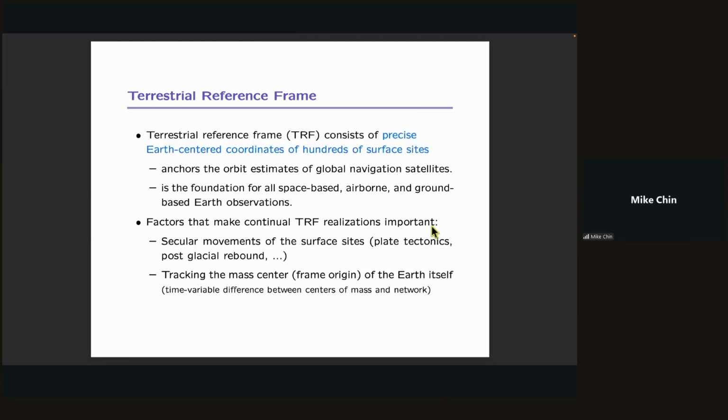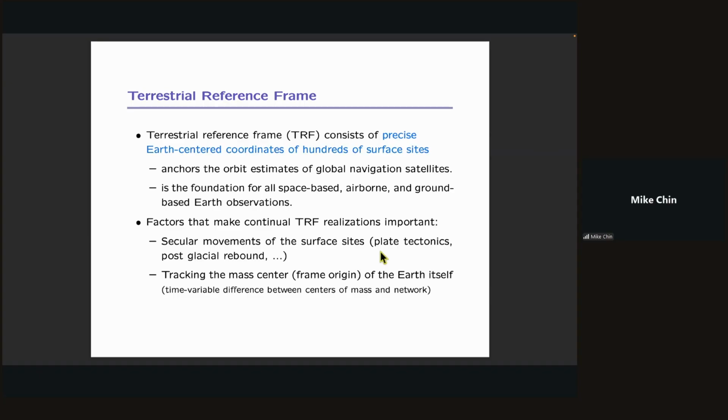So most of you here probably know that a reference frame consists of XYZ coordinates of selected sites on the surface of Earth. We need to update the positions of these sites because of movement: plate tectonics, GIA, and so forth.